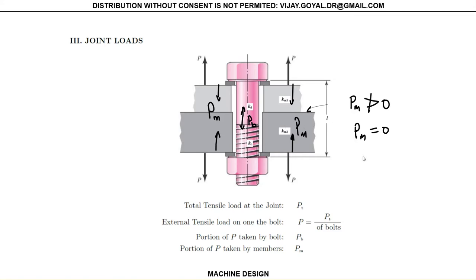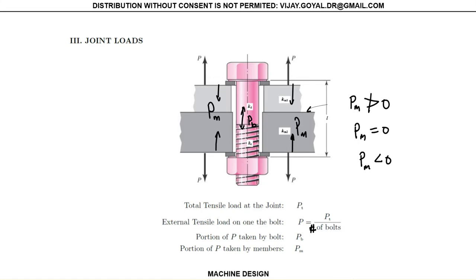Typically this has to be less than zero, has to be in compression for the tension bolt to actually be carrying the load. And PT then is the total tensile load acting on the problem, and the load acting on one bolt is the total tensile load divided by the number of bolts.